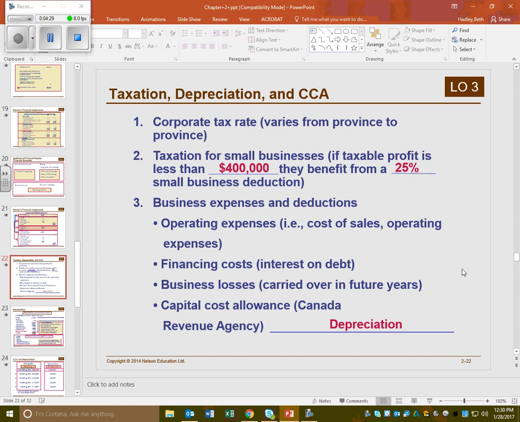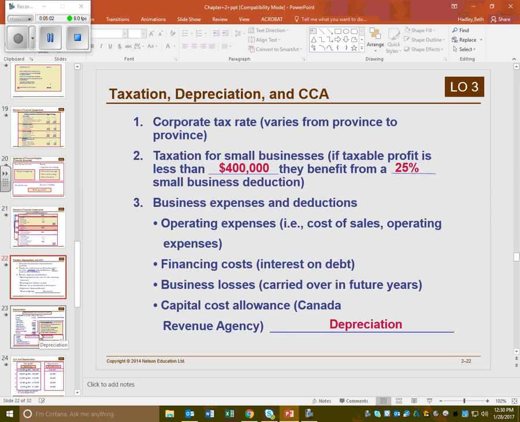Business losses, so if you actually have a net income of a negative or a net loss, that value can actually be carried forward for income tax purposes to help reduce your taxes payable to the government for future years. But let's talk a little bit about capital cost allowance. This is a term that's actually put in place by Canada Revenue Agency or CRA.